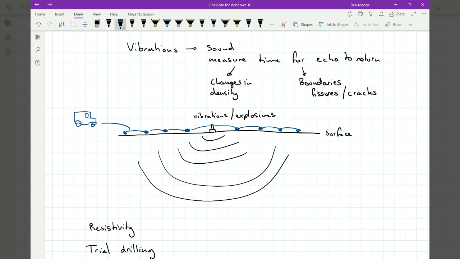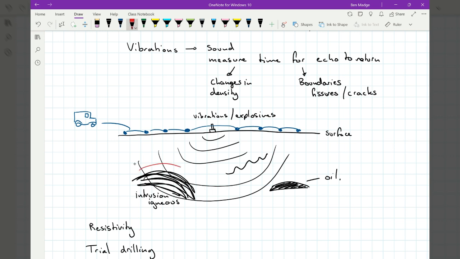There we go. And if we have something that has a change in density, so here we have like an intrusion of igneous rock, or a fissure, or a pocket of oil, which would change density and get all the big petrol companies excited, then the echo would return from that and be picked up by different microphones, and from the time it takes to reach that microphone, you can work out densities and distances.